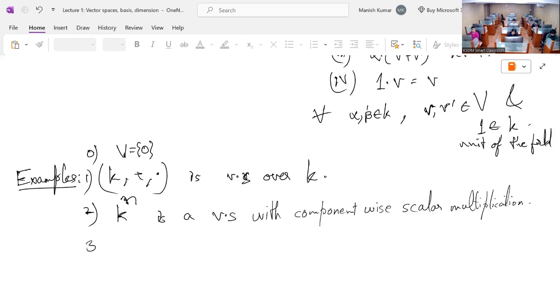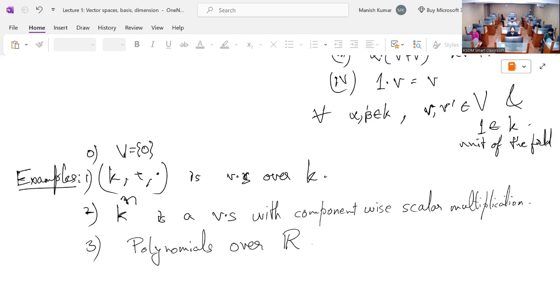There are many natural examples as well. You can consider, for instance, polynomials with coefficients in K or R, polynomials over R, let's say.